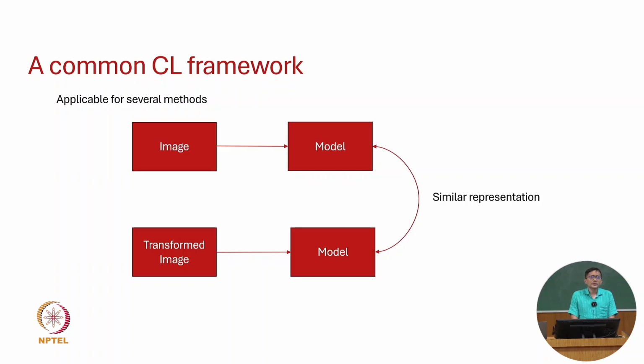So a common contrastive learning framework, which is applicable for not just one, rather various contrastive learning approaches, would be to have an image and a transformed version of it, and both of them are processed by a model, and to have the similar feature representation for both of them, while of course for another image which is not related, to have a dissimilar feature representation.